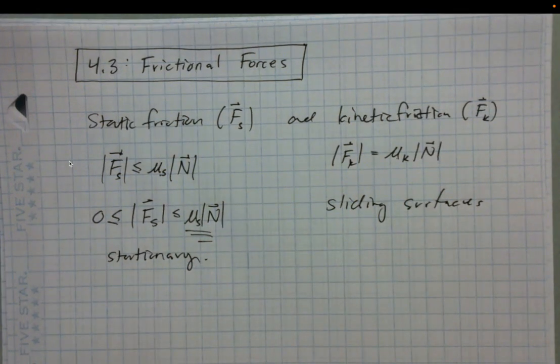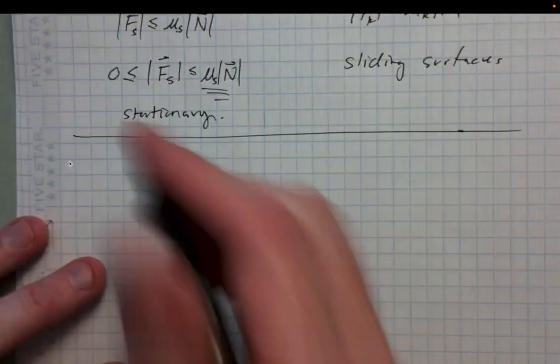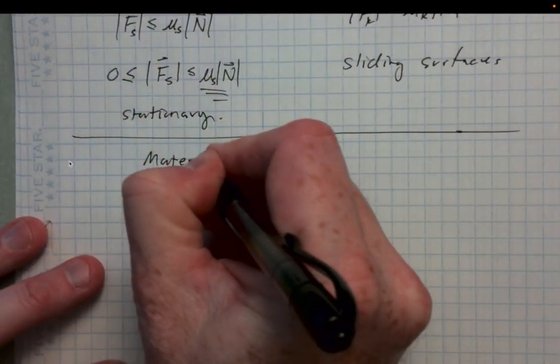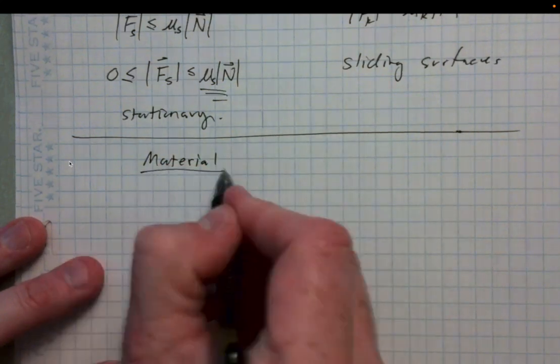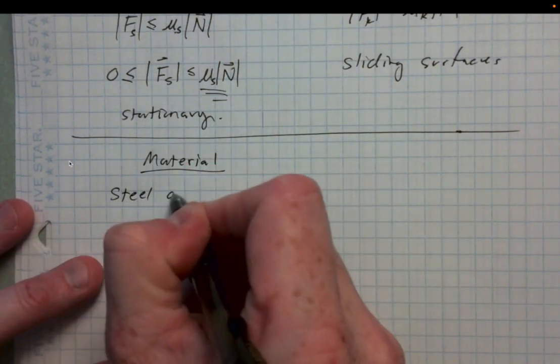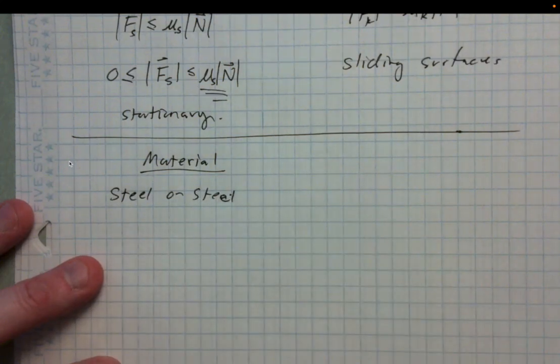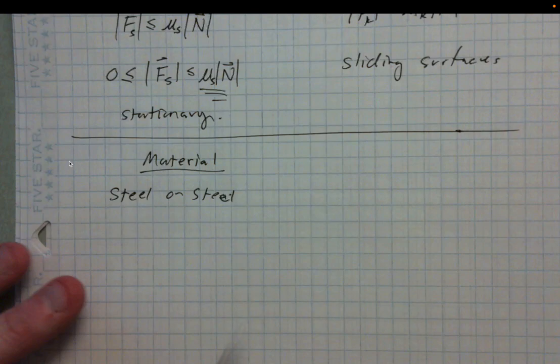Now these coefficients are going to vary. The values of mu sub s and mu sub k are going to vary depending on the material. Just as an example, some materials you might encounter in the real world might be steel on steel, like a steel plate sliding against a steel tabletop.